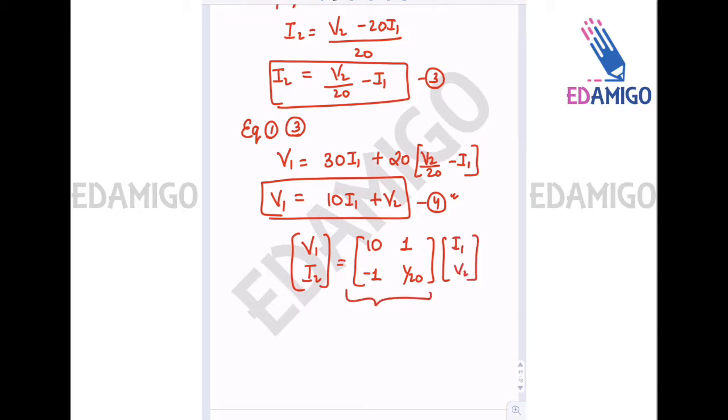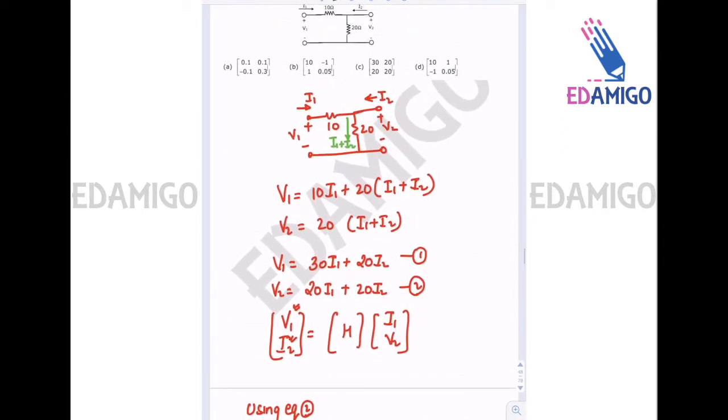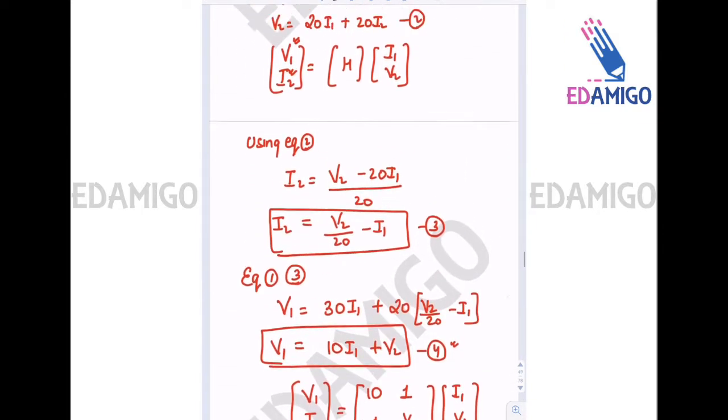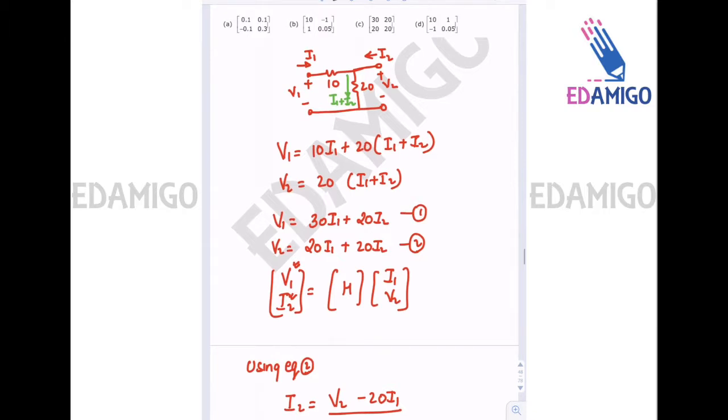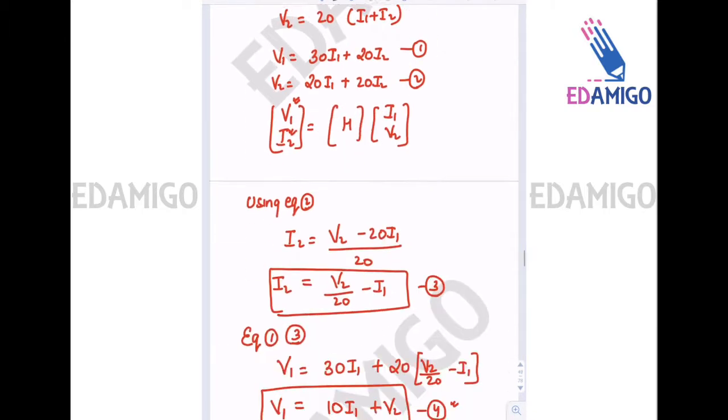So this is your H matrix. Now if I compare, then it is 10, 1, minus 1 and 0.5. So D is the correct answer to the question.